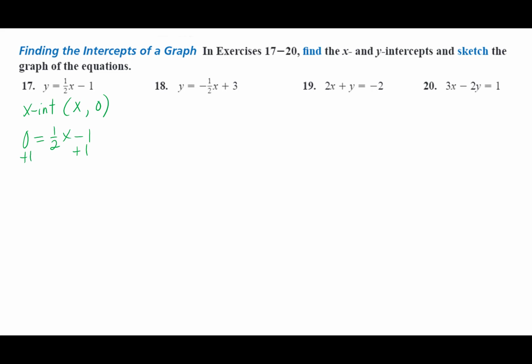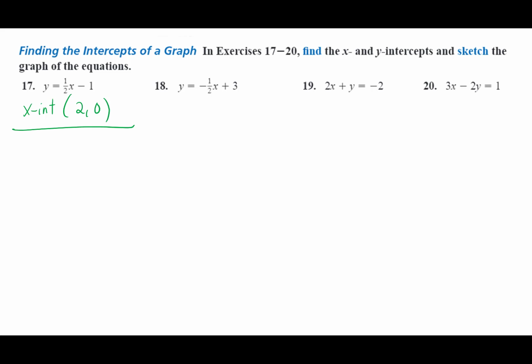Add 1 to both sides. This is 1 equals 1/2 x. Divide both sides by the fraction 1/2. Remember, when you divide by a fraction, it's the same as multiplying by the reciprocal. So this is 1 times 2/1, which is 2. And so the x-intercept for 17 is 2 comma 0.